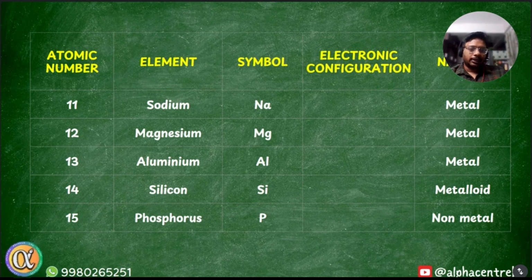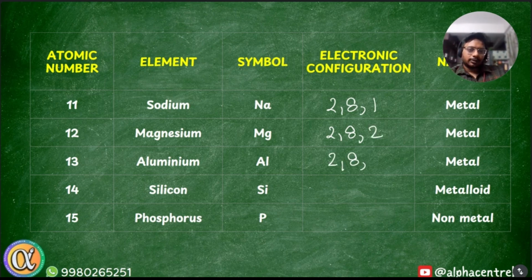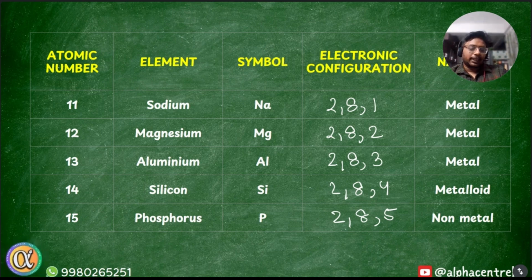Can you tell me quickly for these next 5? 2, 8, 1. 2, 8, 2. 2, 8, 3. 2, 8, 4. And 2, 8, 5. You should be able to help me with any electronic configuration among these 5 if I ask you at random. What is the electronic configuration of aluminium? 2, 8, 3.